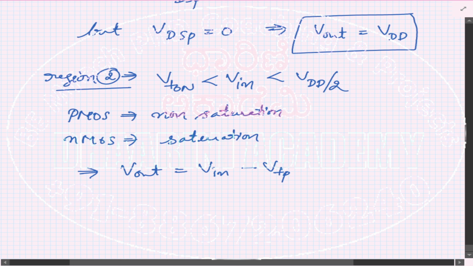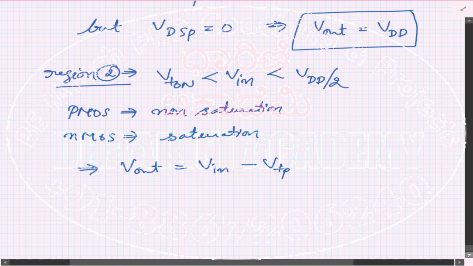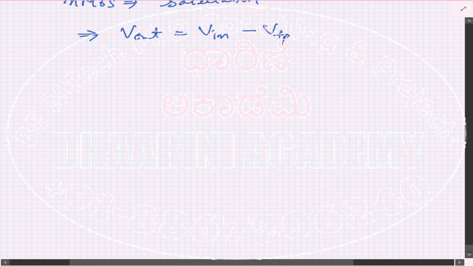This is the voltage you get if beta n and beta p of NMOS and PMOS are pretty much equal, which is what we assumed earlier. Then we call this voltage by a specific name, VOH. Vin minus VTP is what is considered as VOH. That's region number 2.